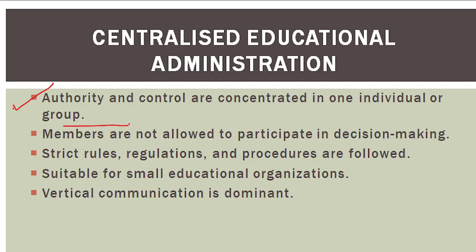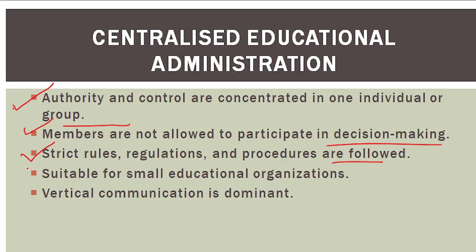So all the authority lies only in one person. It is somewhat similar to the autocratic educational administration. Here the members are not allowed to participate in decision making, and there will be strict rules, regulations and procedures that will be followed in a centralized education system.